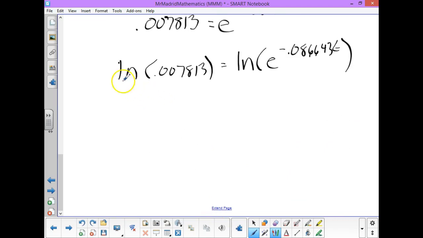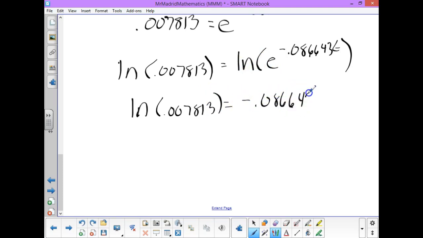This time I'm not going to write log base e. If you'd like to, you can do it for your notes. I'm simply going to maintain this notation. The e and natural log will cancel, so I'm left with negative 0.086643 t. And what's the next thing to do?